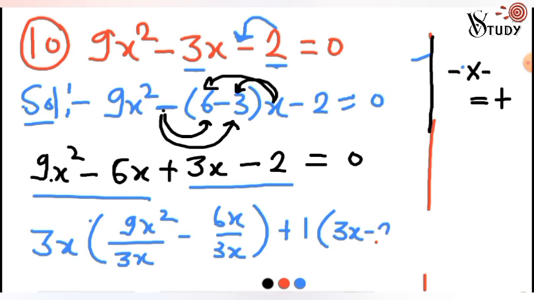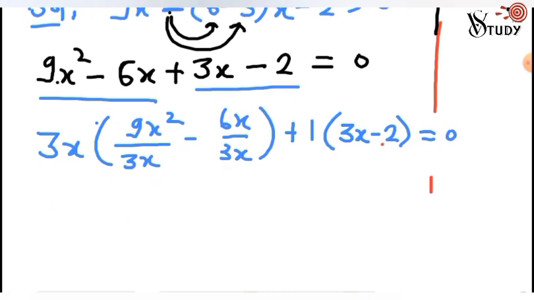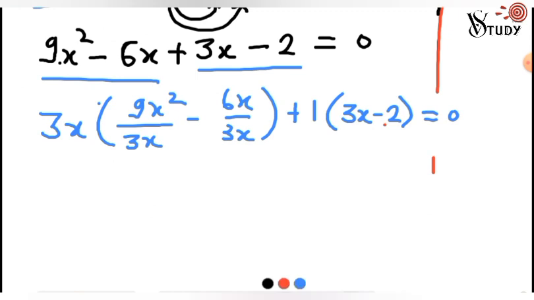So 3x minus 2 will be equal to 0. Now this x cuts this x square x times, and this 3 cuts 9 3 times. This 3x cuts this 6x 2 times.